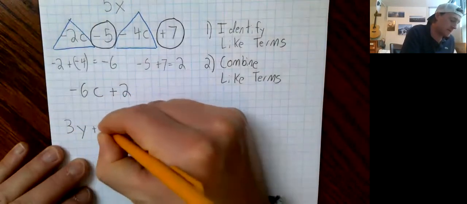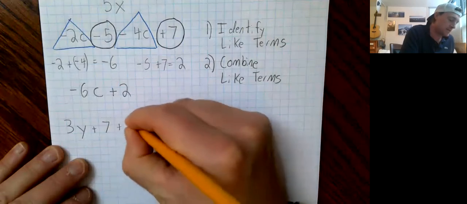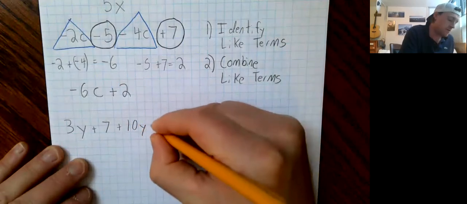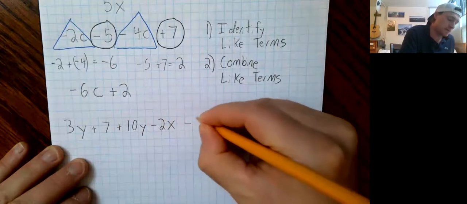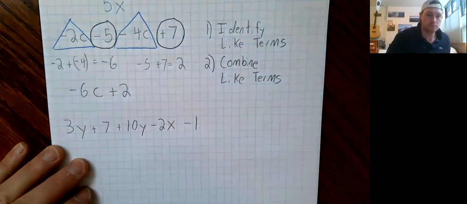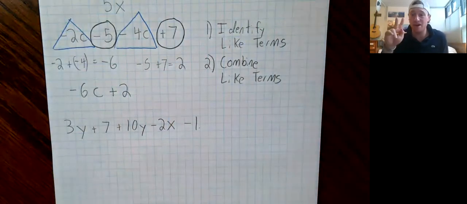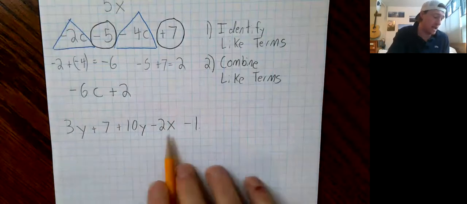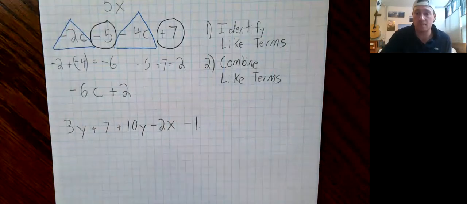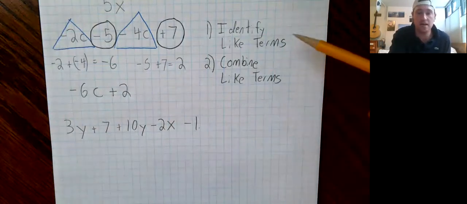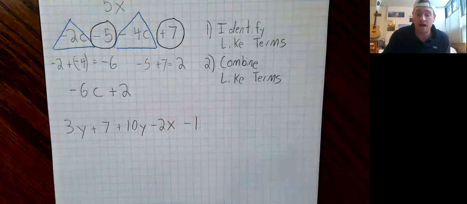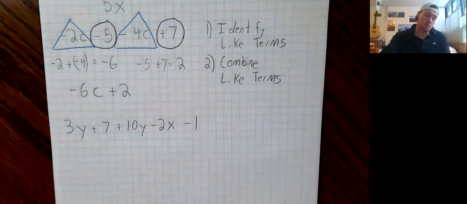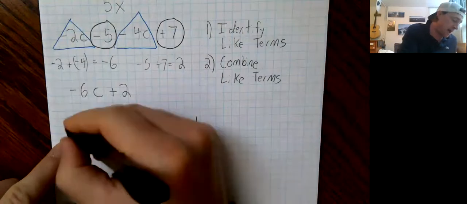3y plus 7 plus 10y minus 2x minus 1. Okay, so now I have two variables in here. I've got a y and I've got an x, and I've got a couple constants in there. We're going to do the same routine where we're going to identify our like terms. So in this case, I've got y's.